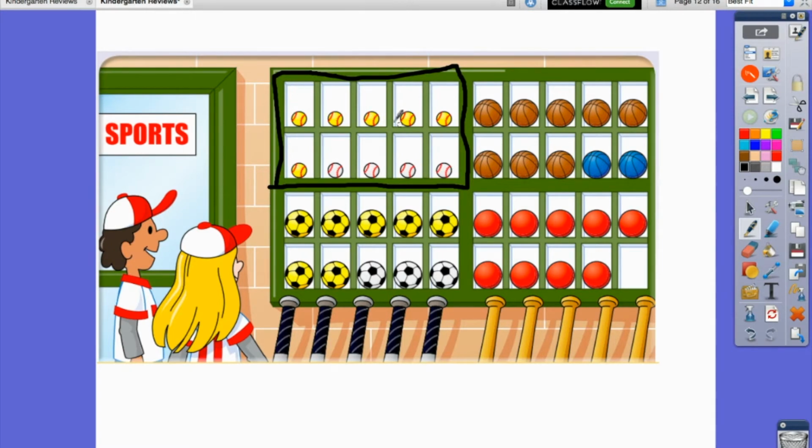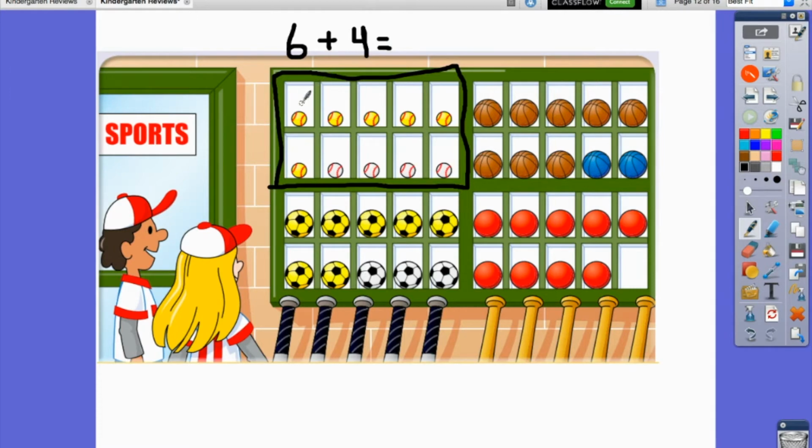Let's count them. There are 1, 2, 3, 4, 5, 6 balls that are yellow, and 1, 2, 3, 4 balls that are white. And together, 6 and 4 make how many?